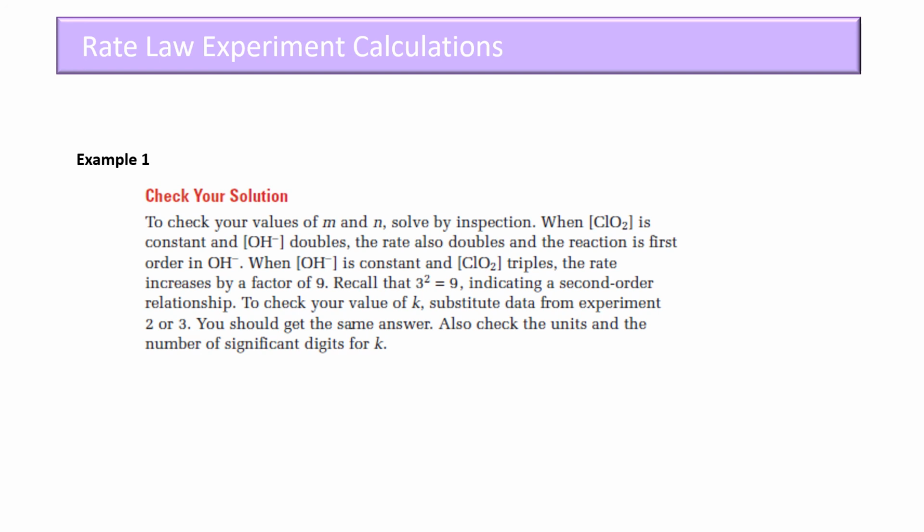Recall that 3 squared is 9, indicating a second order relationship. To check your value of K, substitute data from experiment 2 or 3. You should get the same answer. Also, check the units and the number of significant digits for K.